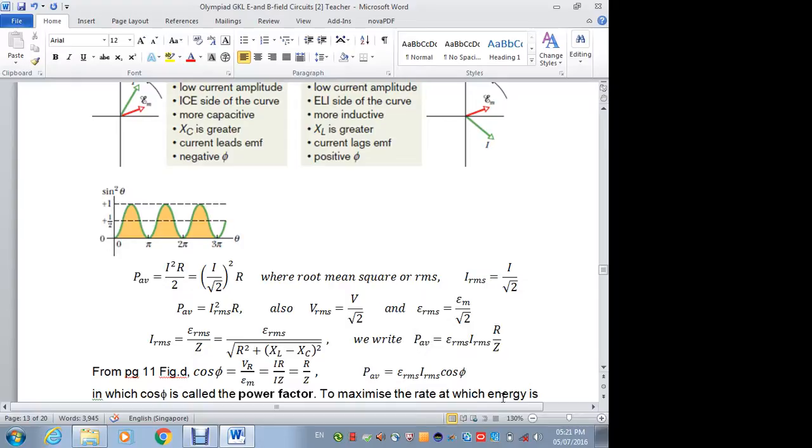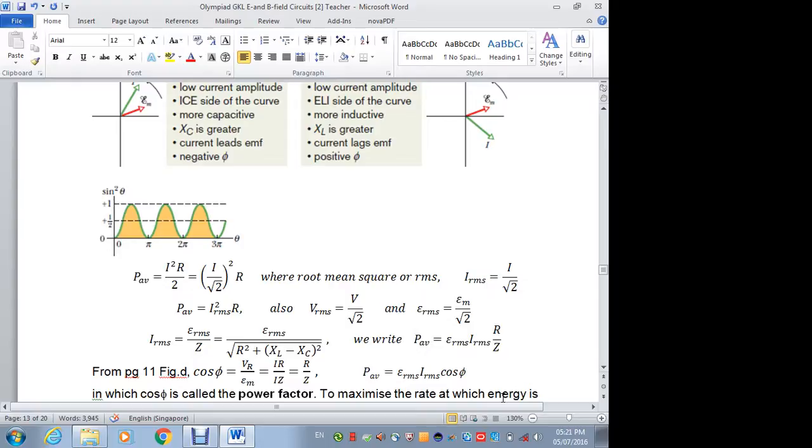But R over Z is also obtained from the phasor diagram, page 11, figure D. Yes, it's the phasor diagram.